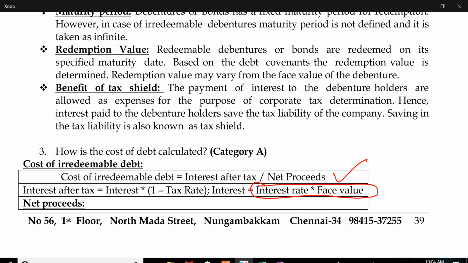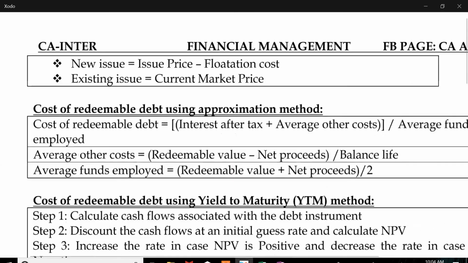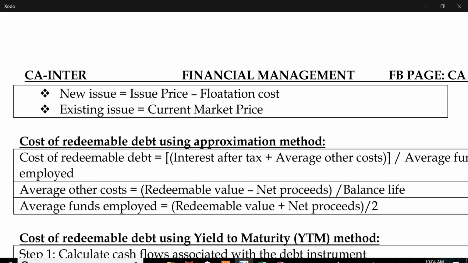Next comes net proceeds. Now net proceeds can be for two scenarios. One, the issue is going to be done by the company. When I say the issue is going to be done by the company, today ICICI Bank or ABC Limited says we are issuing 1 lakh debentures at the rate of so-and-so. So when I make an issue today, that's called a new issue.